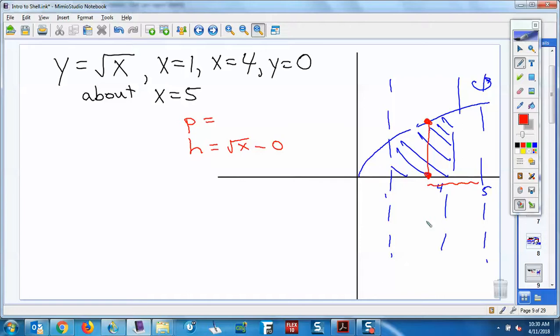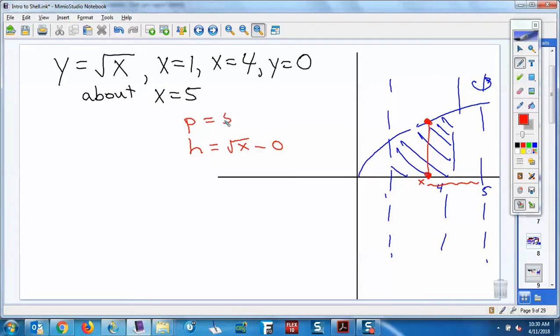So in general, what is the length of that strip? 5 minus x. It's going to be that way every time. What I usually do when I draw a strip like this is put a little x underneath it. Now, if you had a horizontal strip, what do you suppose you'd write next to it? You'd write a y next to it. Okay? And P in this case is going to be this x coordinate, 5, minus this x coordinate, which we don't know. It's x.